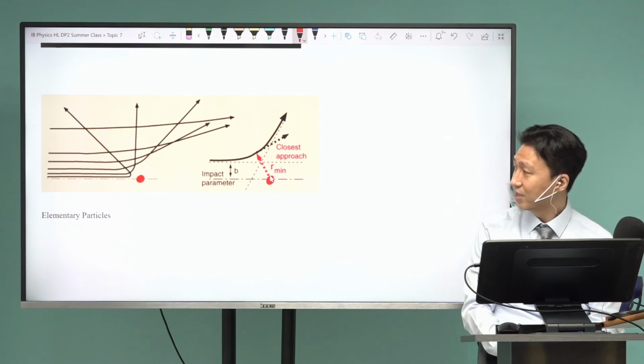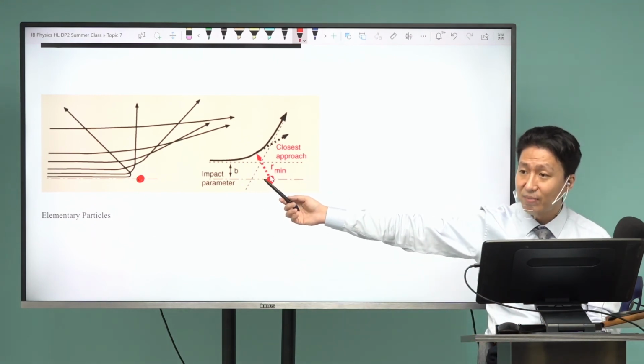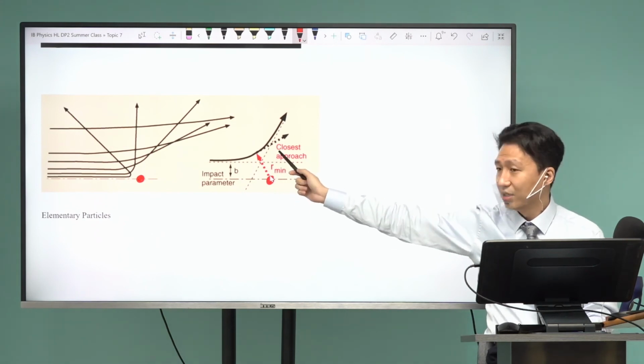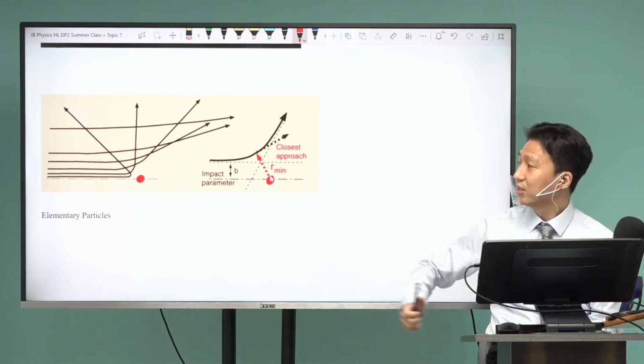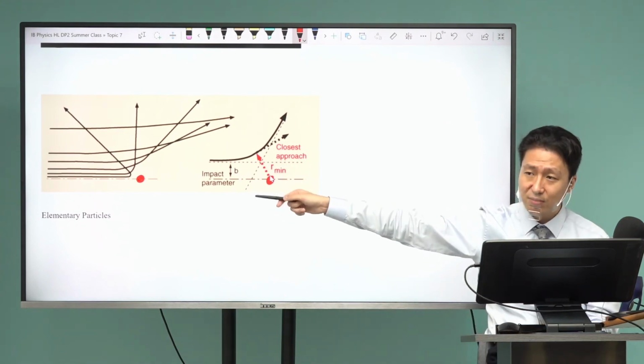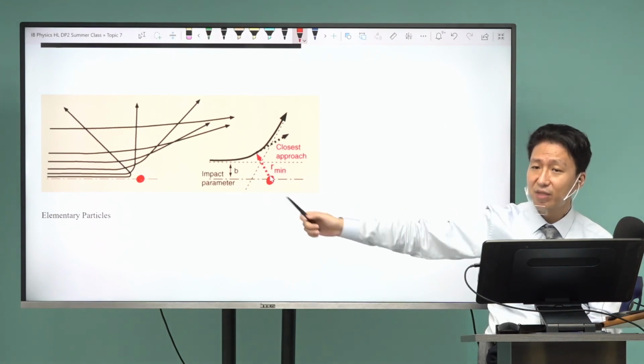And in fact, depending on the kinetic energy, there is a minimum distance it can get to it. Later, this is defined as the atomic radius. You will learn more about this in the calculations involved in chapter 12.